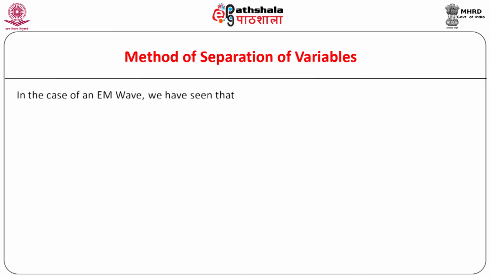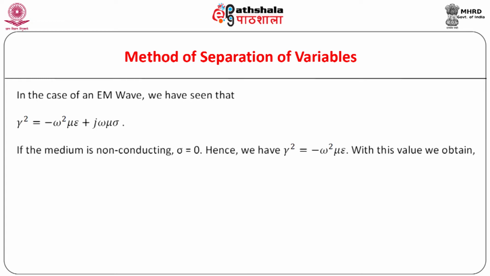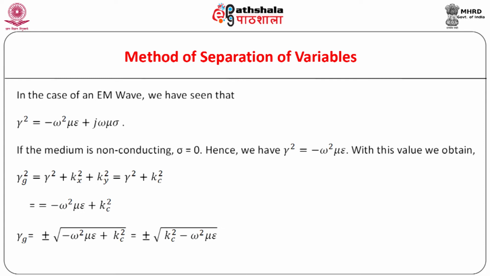In the case of an electromagnetic wave, we have seen that gamma squared is equal to minus omega squared mu epsilon plus j omega mu sigma. If the medium is non-conducting, then sigma is 0. Hence, we have gamma squared is equal to minus omega squared mu epsilon. With this, we obtain gamma g squared is equal to minus omega squared mu epsilon plus kc square.